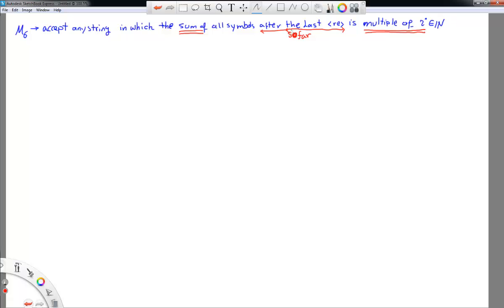So a finite automaton cannot really memorize the number of things. What it can actually do is memorize things that it has seen so far.